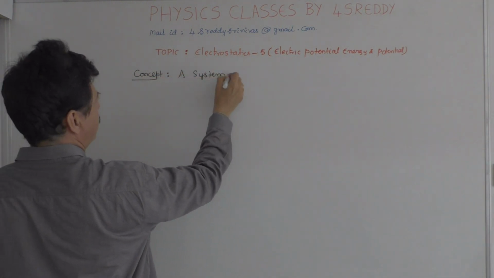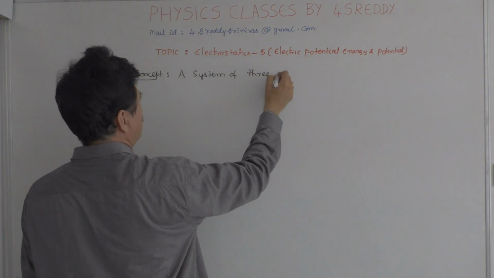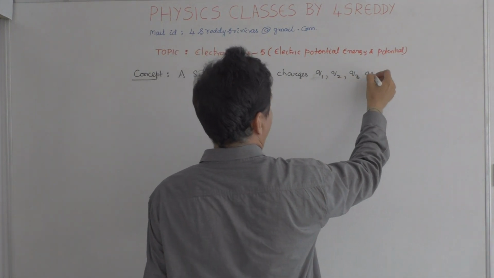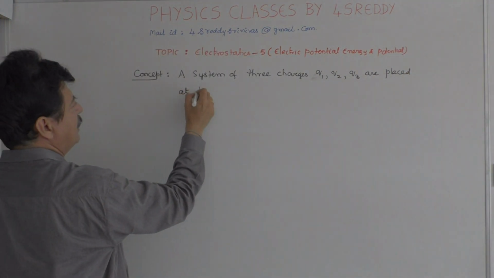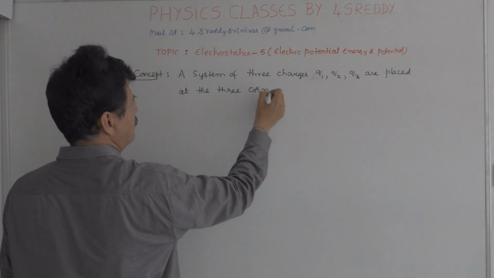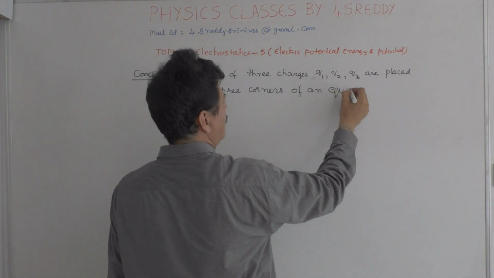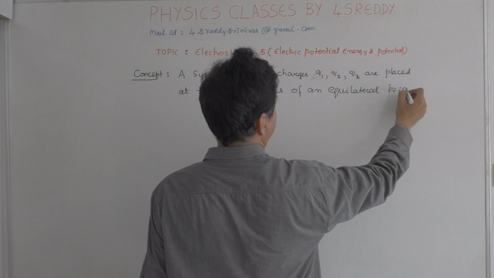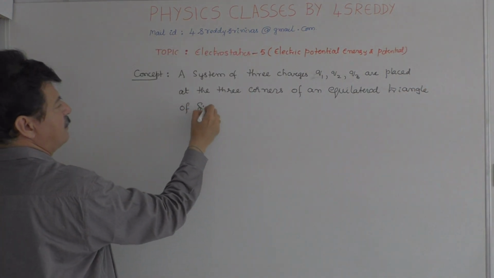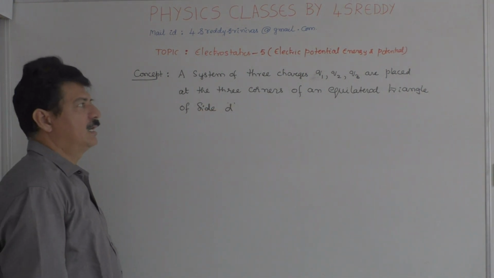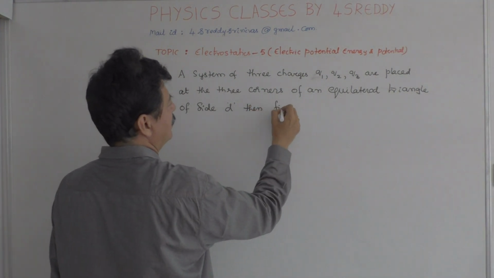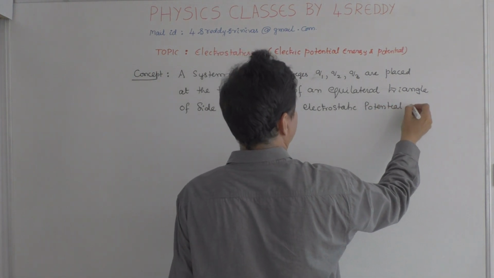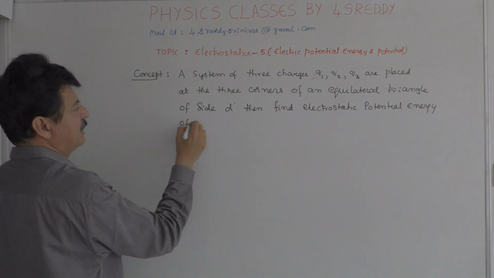A system of three charges Q1, Q2, Q3 are placed at the three corners of an equilateral triangle of side D. Then find the electrostatic potential energy of the system of three charges.